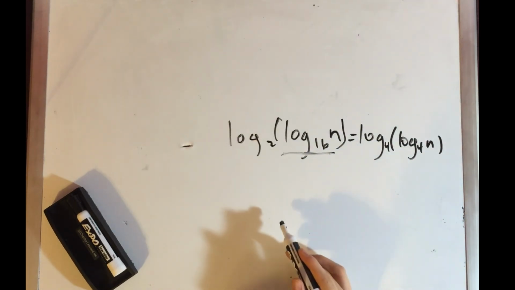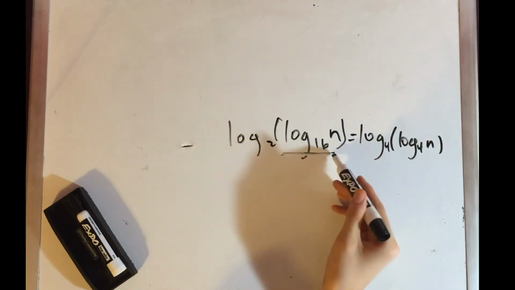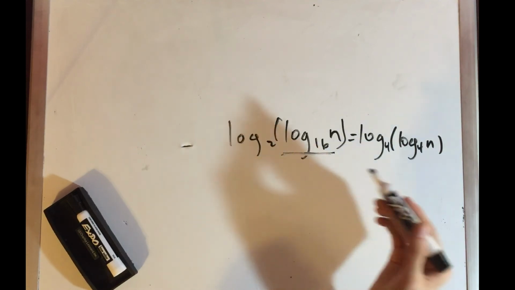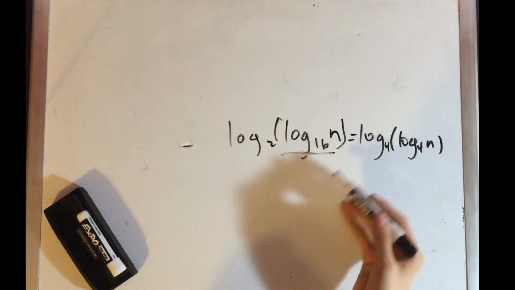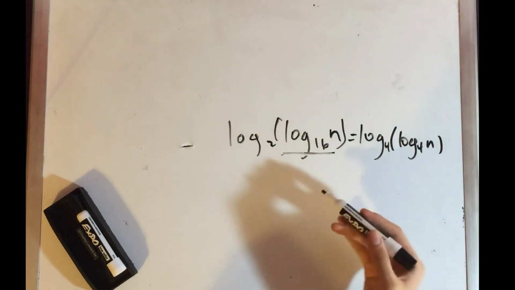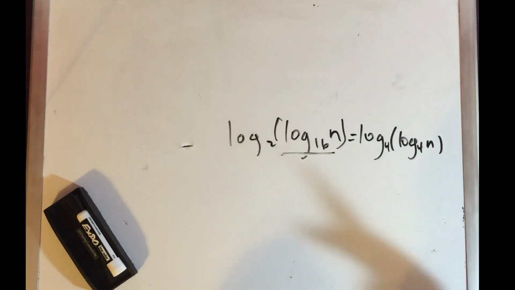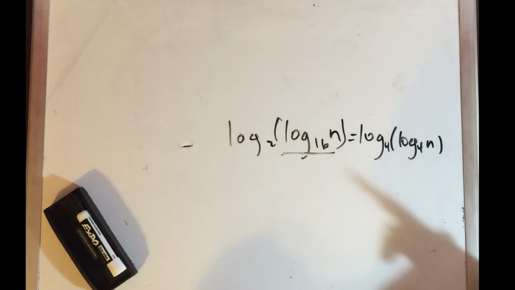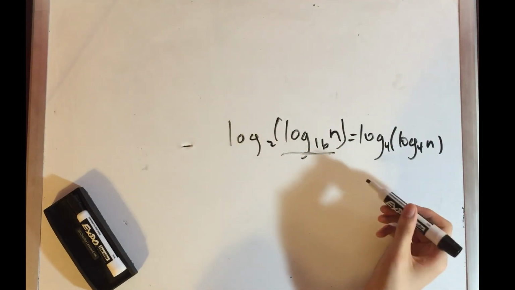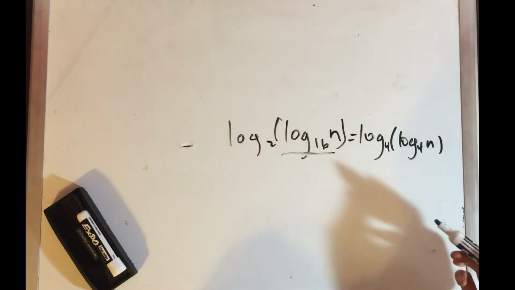So we can start by assuming log 16 of n is an integer, and if that doesn't work, we can try lower powers of lower bases of log and see if that works. But what I'm saying is, n is going to have to be at least a power of 2, right? Or else it'd work out really weird.